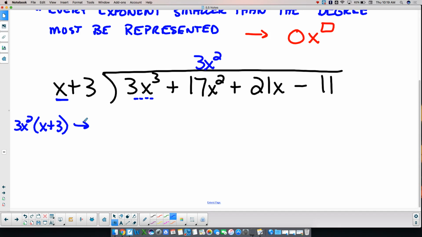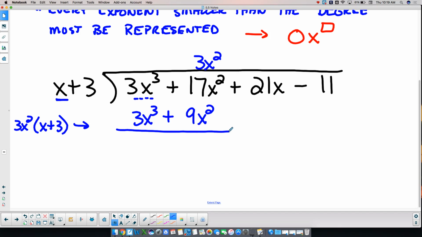We took that number, in the first case it was 1, we multiplied it by 84, we wrote it below. Okay? So this becomes 3x cubed plus 9x squared.